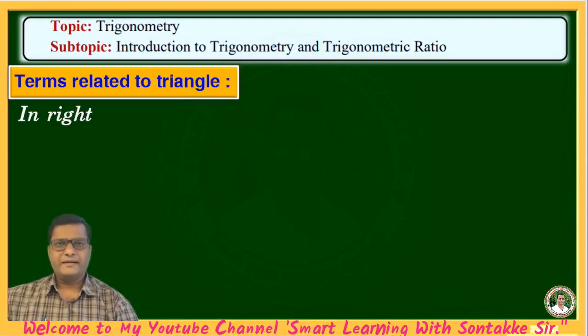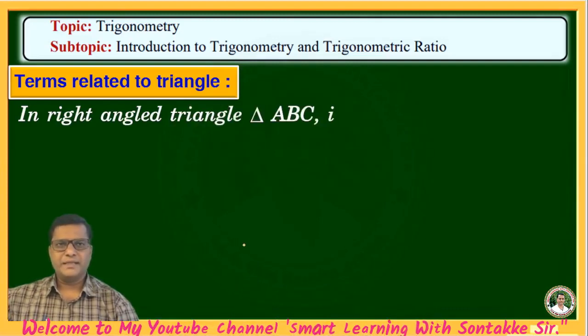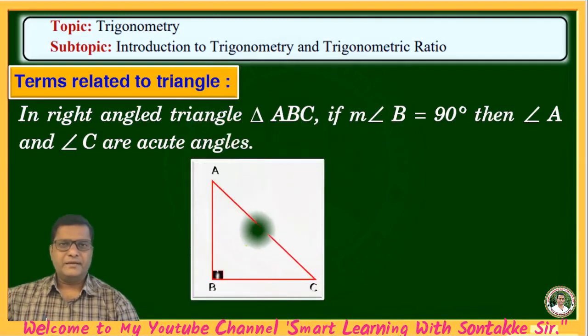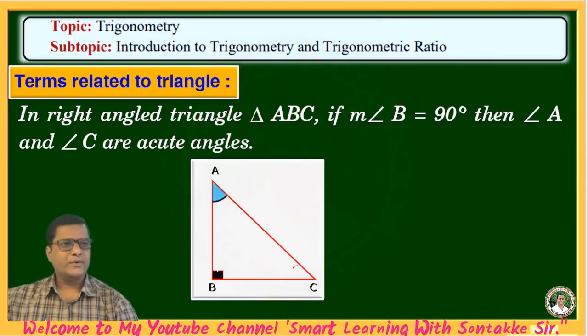In right angle triangle ABC, if measure of angle B is equal to 90 degrees, then angle A and angle C are the acute angles. See in figure, triangle ABC is shown. In this triangle, angle B is a right angle and angle A and angle C are these two acute angles.